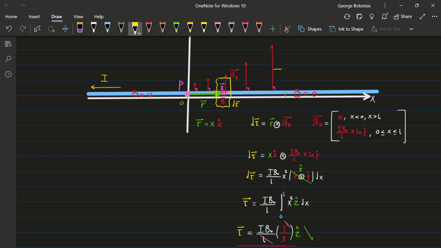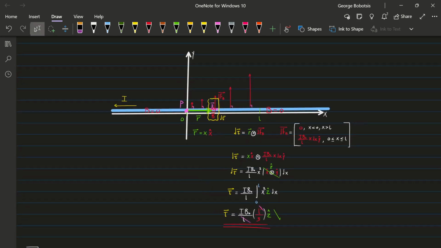You're feeling force until you get to L on this diagram, from 0 to L, and then nothing. So you are going to be turned this way, and the strength is going to be I B naught L squared over 3.